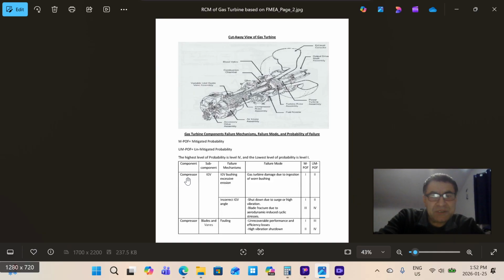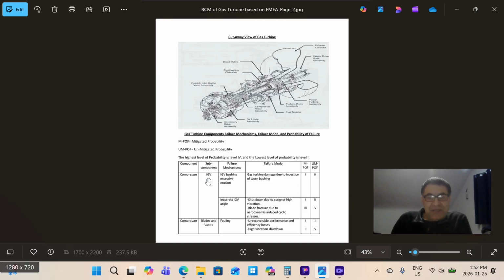The main component is the compressor, IGV system. Our IGV system is a very critical component in the gas turbine to analyze, measure and control the fuel and air ratio, to make sure the fuel and air ratio is in the design and functioning range and threshold.